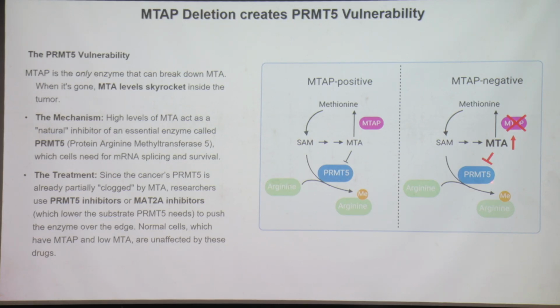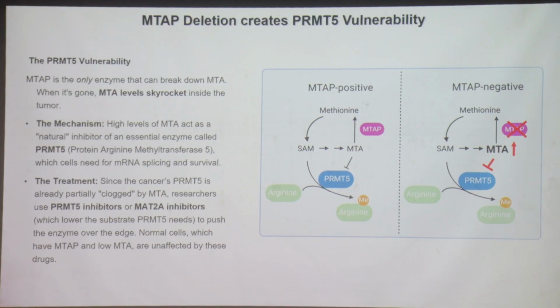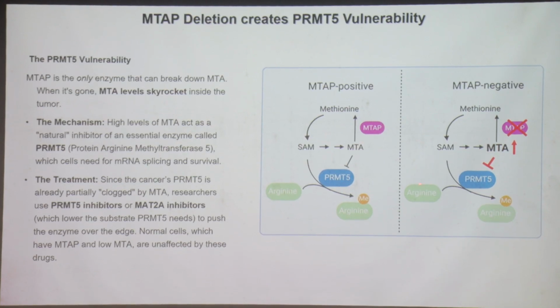So this inhibits PRMT5. So PRMT5 can no longer alkylate arginine, and this is a very important pathway. So by inhibiting this pathway, let's say 80%, the cells are not really dependent on the 20% activity of PRMT5. Now if you add a PRMT5 inhibitor to delete that 20% activity also, the cells will die.